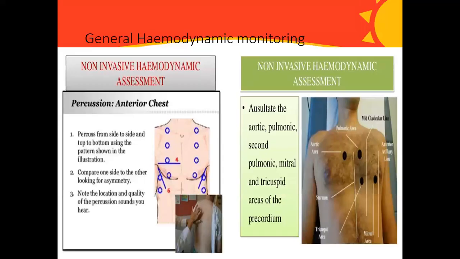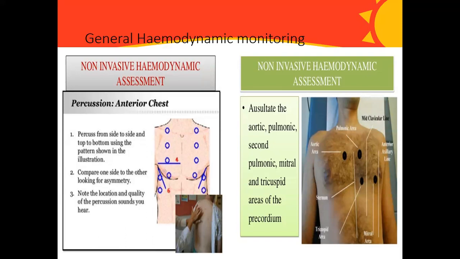Then you want to percuss. And percussion actually starts from side to side and top to bottom. We can see the pattern that is illustrated in the diagram above. Importantly, you need to compare side to side looking for asymmetry.